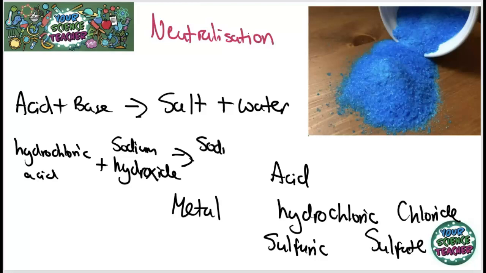So if I add these two together, I should see that my solution gets a little bit warmer as well. And naming this salt is the hardest bit then. So the first word comes from my metal, which is sodium, and the second bit comes from the acid I've used. And because I've used hydrochloric acid, I've made sodium chloride. If I was using sulfuric acid, I would make sodium sulfate.